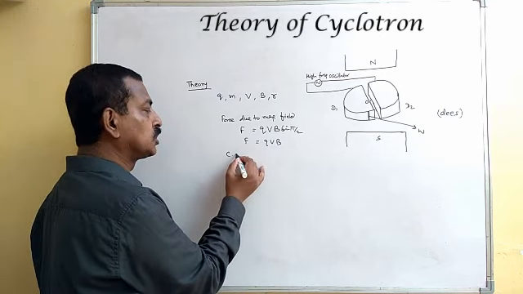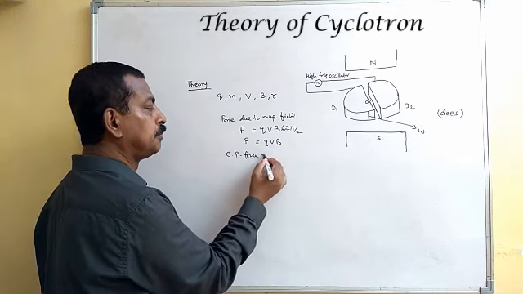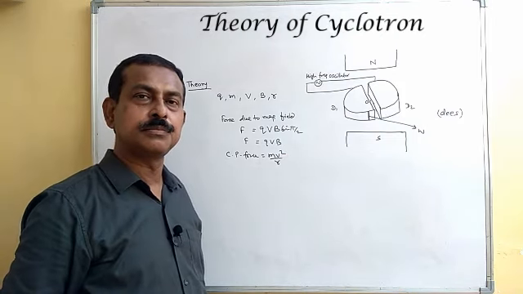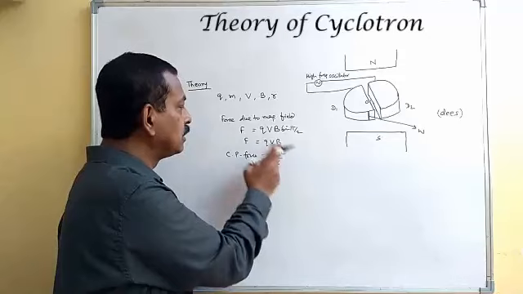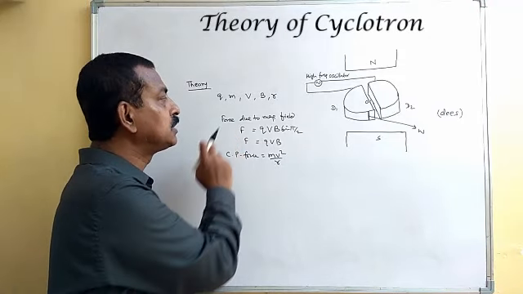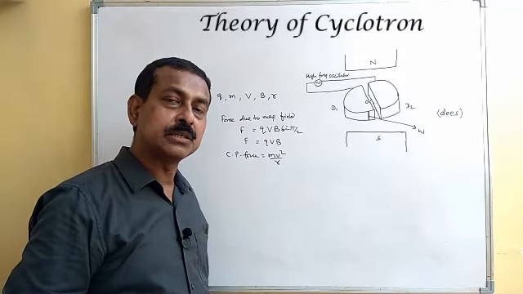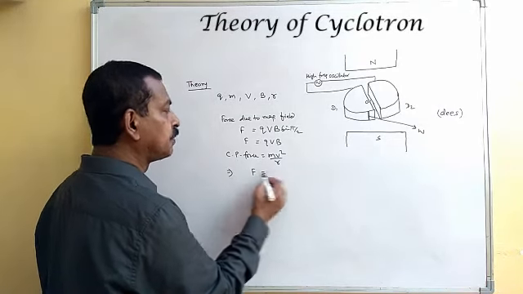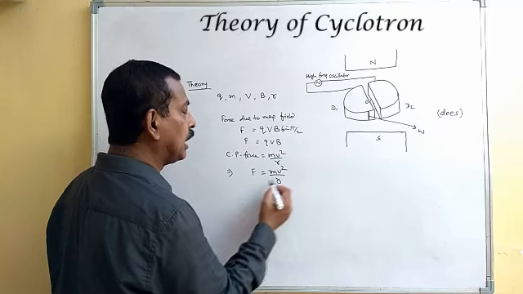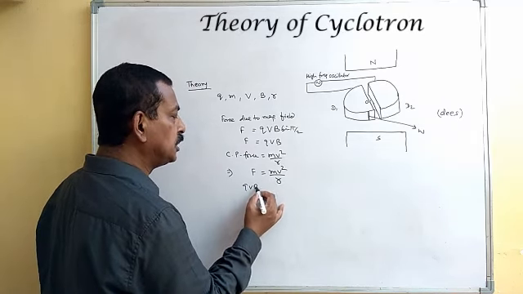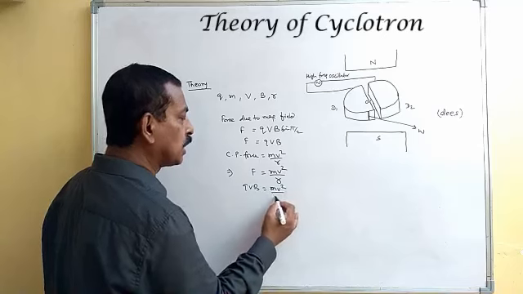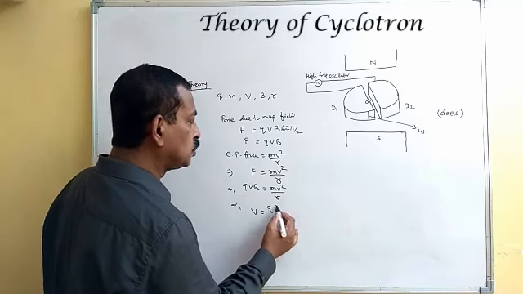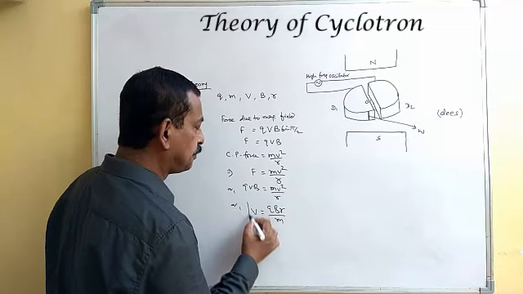The centripetal force will be mv square by r. Therefore, as centripetal force will be provided by the force due to magnetic field, F will be equal to mv square by r, or QVB equals mv square by r, or v equals QBr by m.